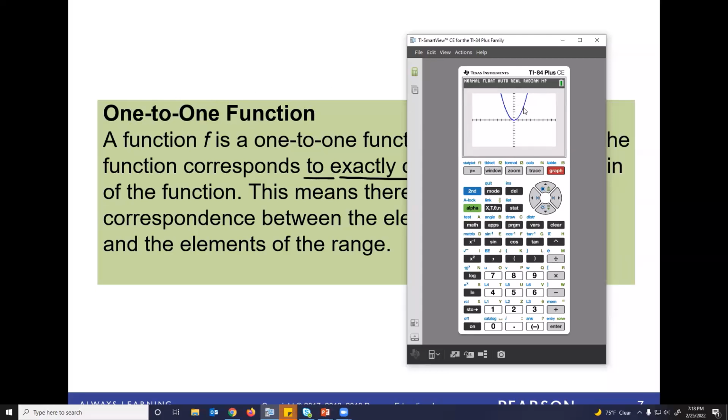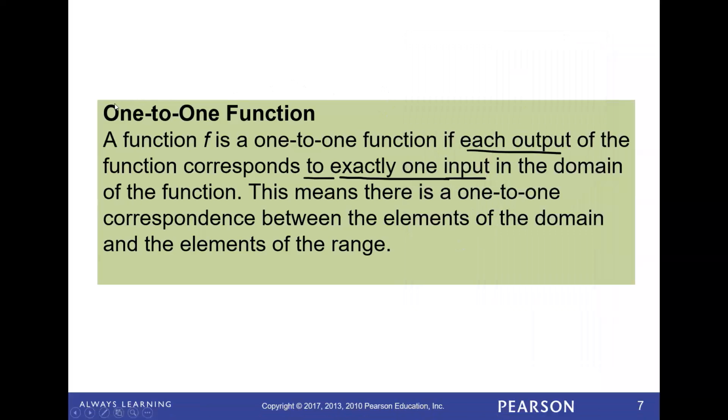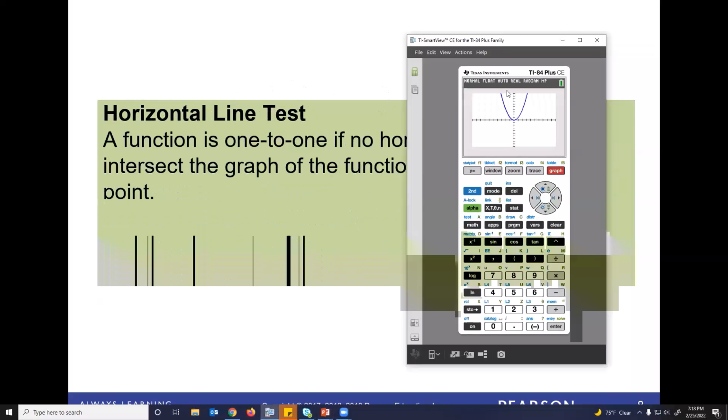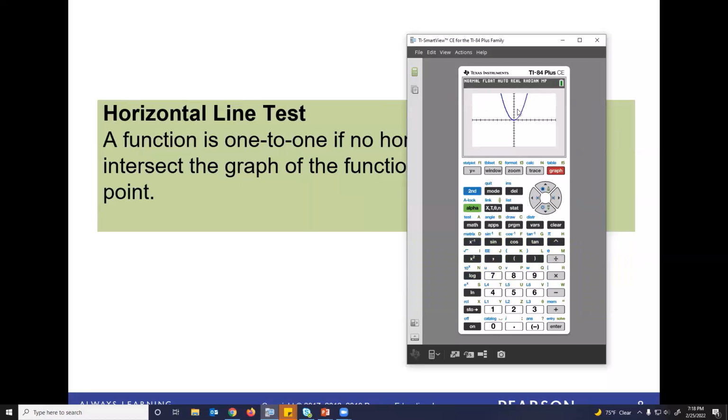It already passes the vertical line test. Now we want to know if it's one-to-one, and to do that, we do the horizontal line test. So instead of a vertical line, because we already know it passes that one and it's a function, we draw the horizontal line through it to determine whether or not it is one-to-one.